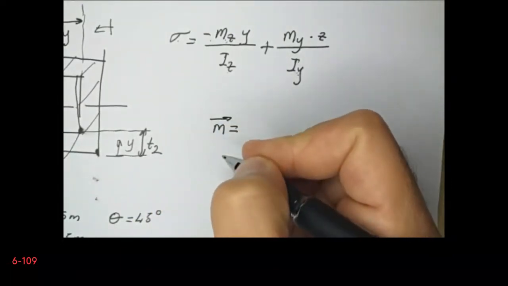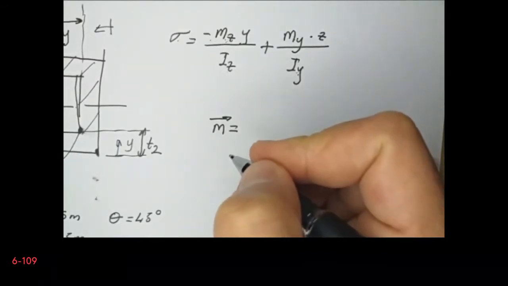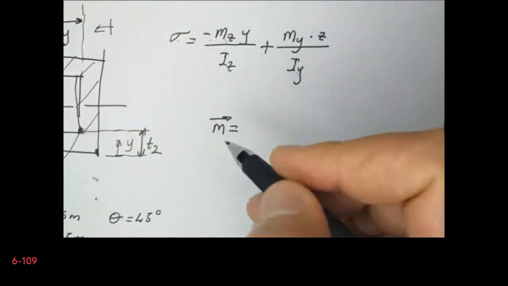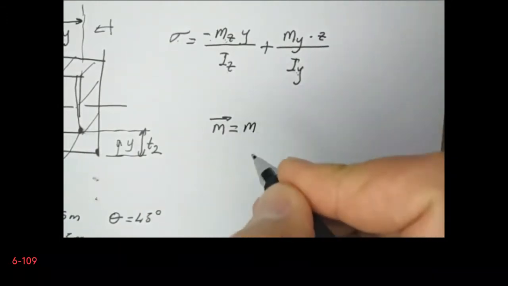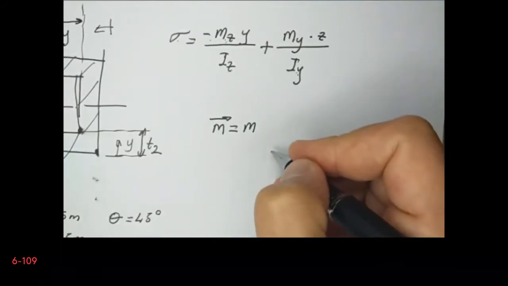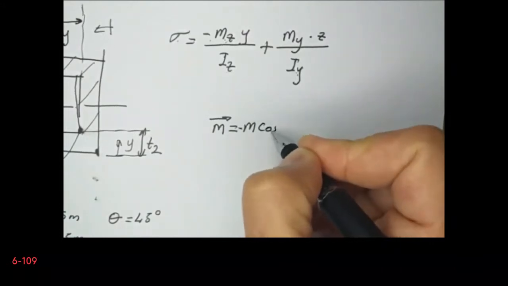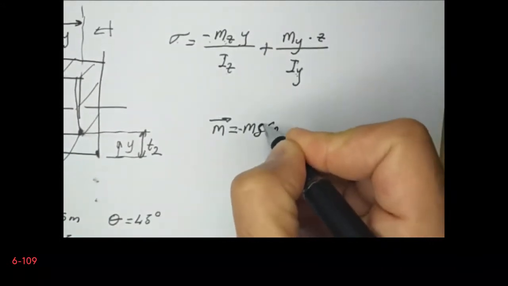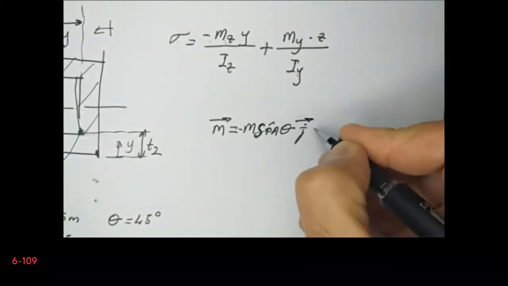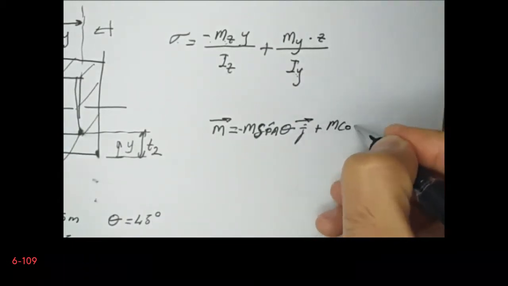Moment is equal to M, so M is given to us, multiplied by minus M sine theta j vector plus M cosine theta k vector.